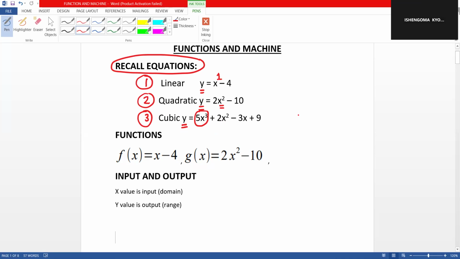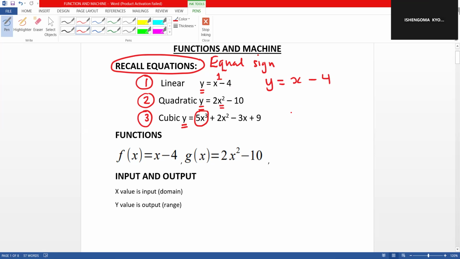Now, if you remember about equations, we say normally that equations always have an equal sign, right? And we have our x and y. X is equal to something.